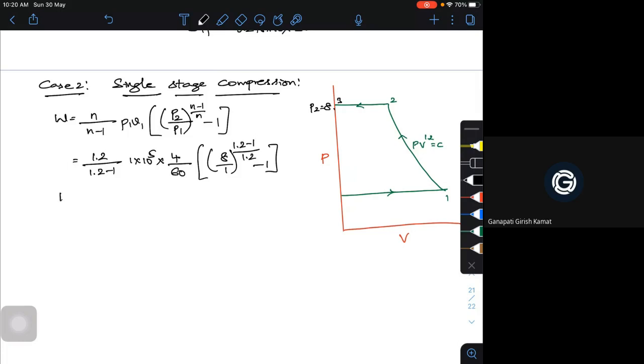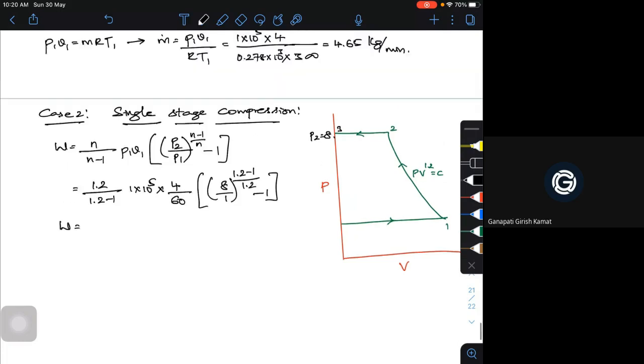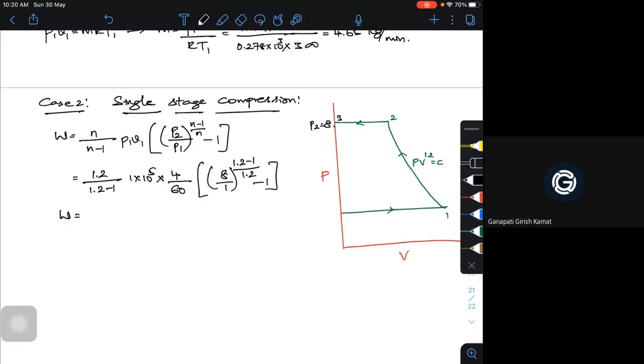This is the work done in the single stage. If I do that, I am getting around 16.57 kilowatts.